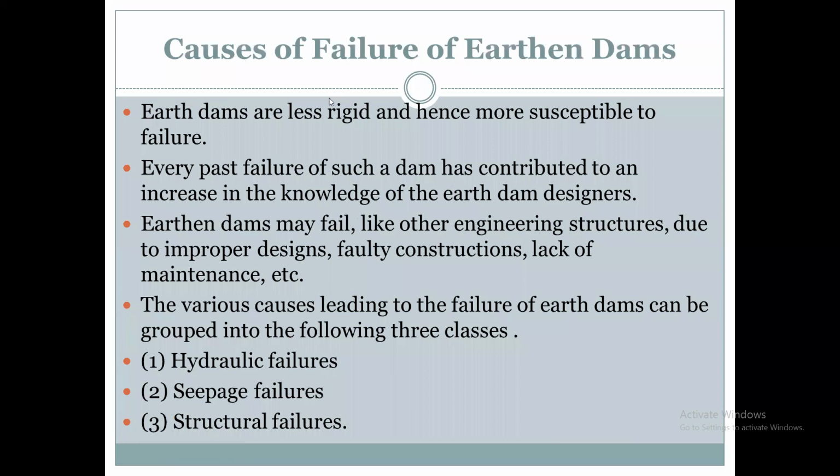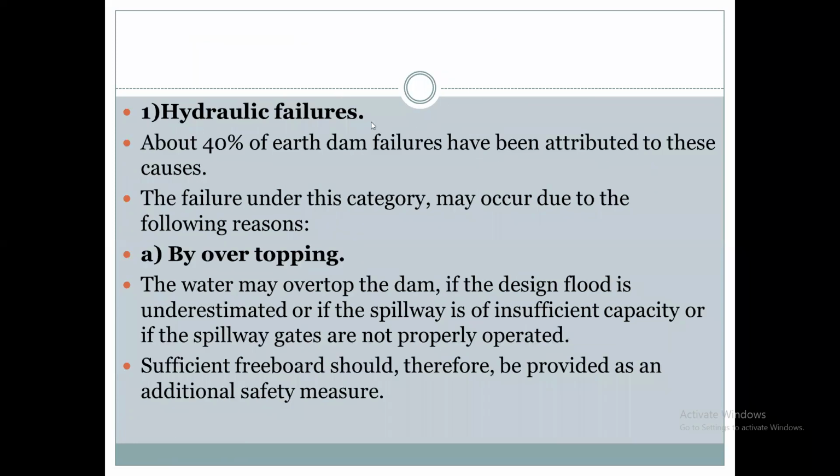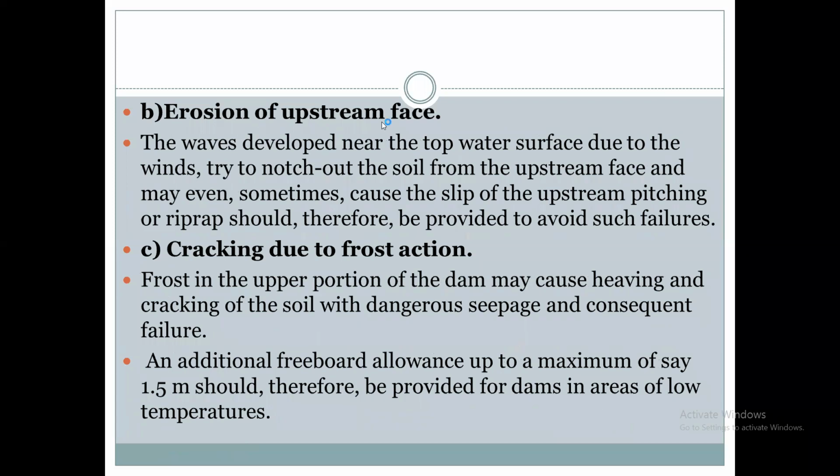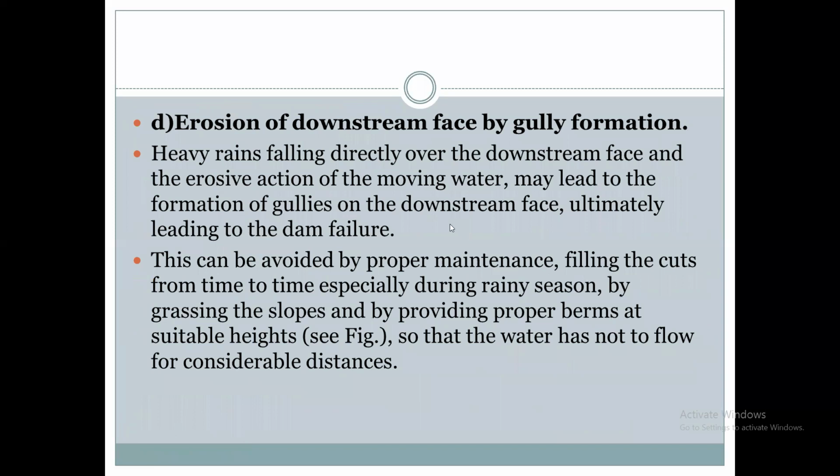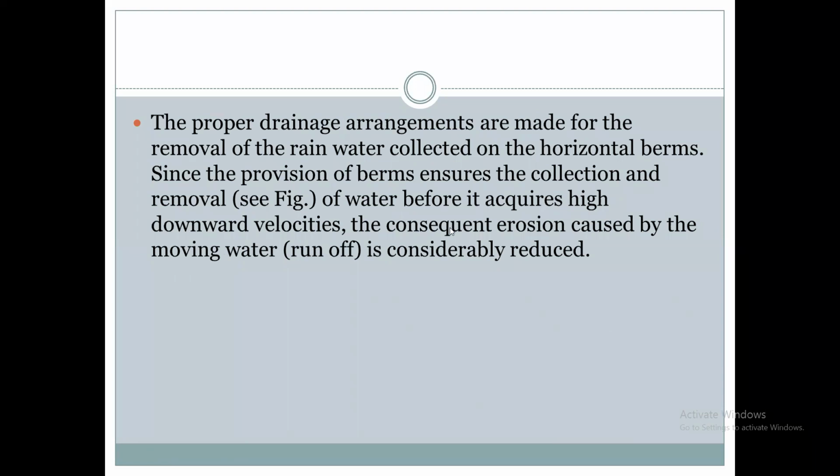After this, we are going to see the causes of failure of earthen dams. How does the failure of dams occur? What are the reasons which lead to failure of the dam? The failure of a gravity dam may be different.